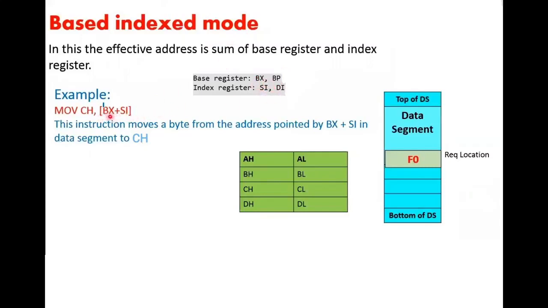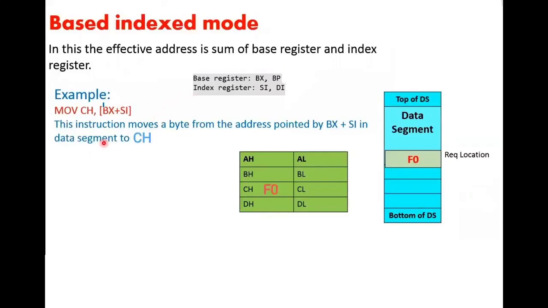So here we use BX and SI, both in addition, and this sum we have given inside the square bracket. Remember, whenever a square bracket is there, this is nothing but an offset value, or we can say it is a memory location, or a distance from the base address.